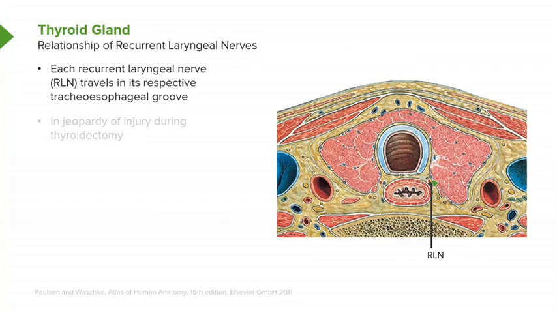It's lying within the tracheo-esophageal groove, and we see that groove between the trachea and the esophagus, which lies posteriorly. We also see the same relationship, however, it's unlabeled on the opposite side. So here's your left recurrent laryngeal nerve, and again, it travels in the tracheo-esophageal groove on that particular slide.